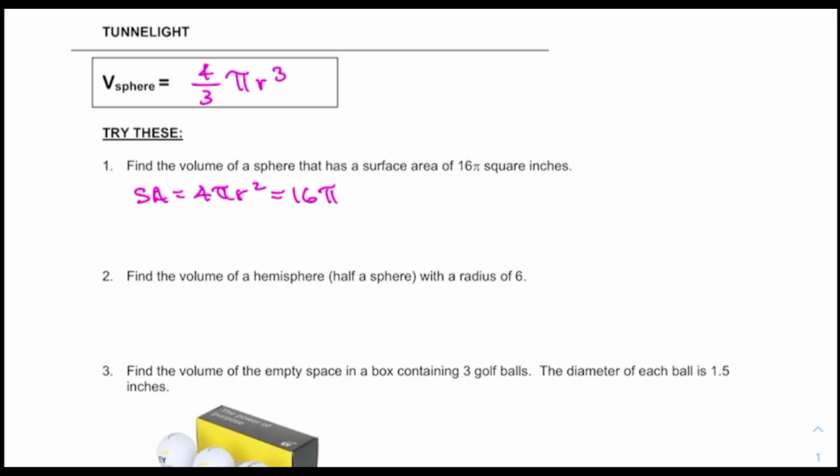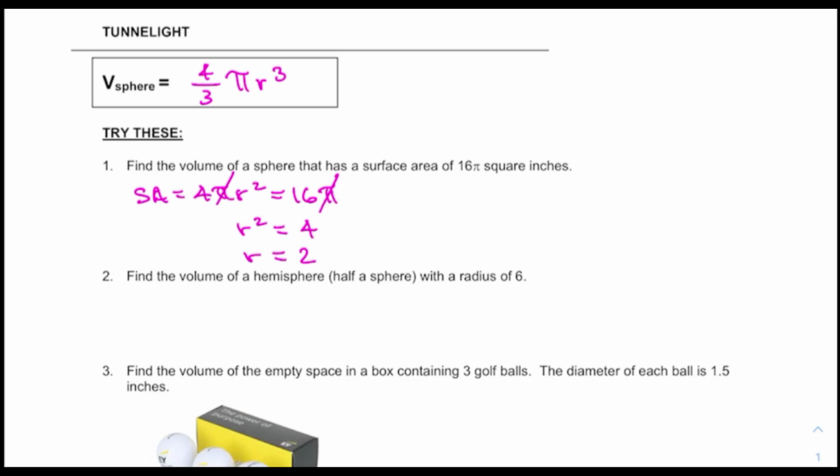And what I can do from that is I can solve for the radius. So divide both sides by pi, the pi's drop out. Divide both sides by 4. I'm going to end up with r squared is equal to 4. So my r is going to be equal to plus or minus 2, but we know that the radius, of course, cannot be negative. So the radius is equal to 2.